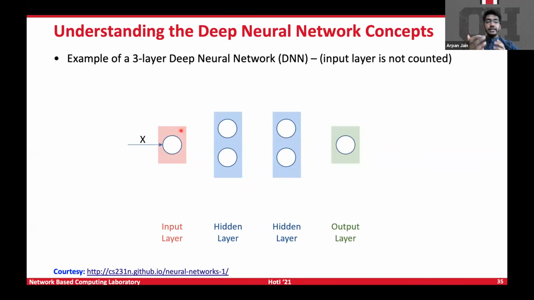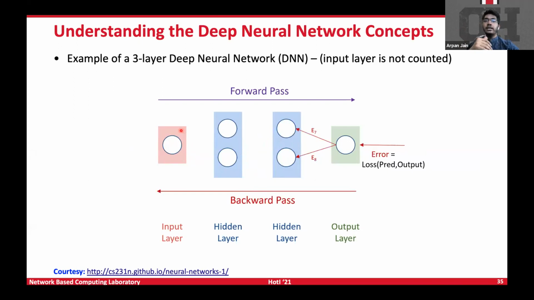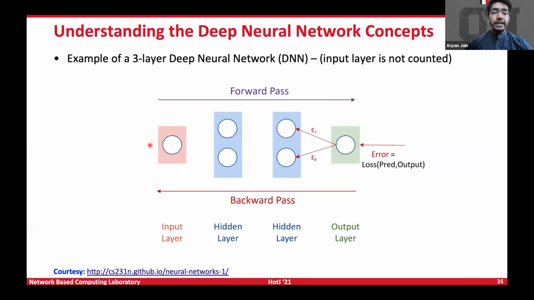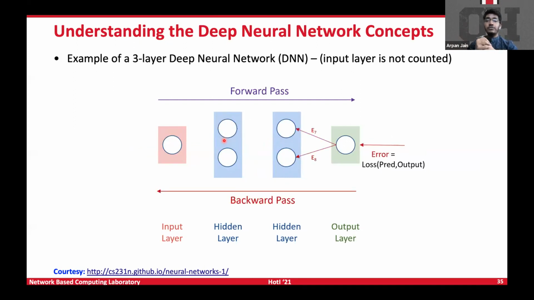So let's say you want to classify an image as a cat, and you want to find whether there is a cat in the image or not. When you give it at the input layer, you can imagine these small circles as basic mathematical functions which are applied.